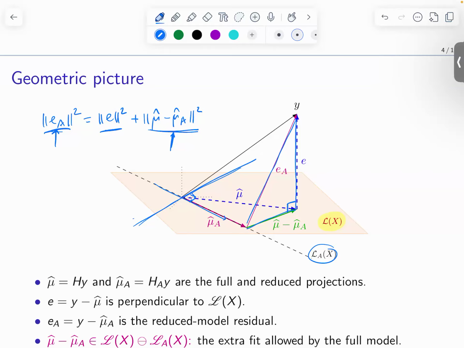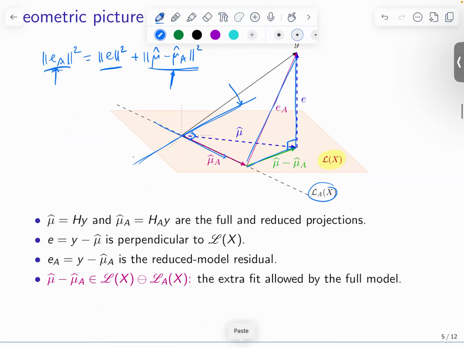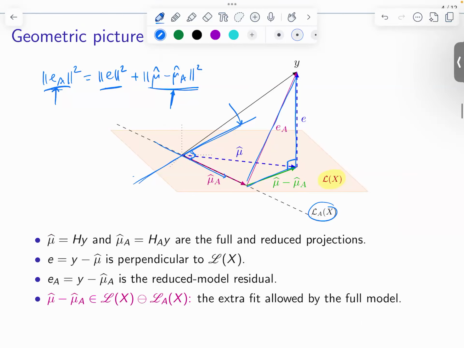And that's a good place to tell you that we can write this direction like this. This space is L of x minus, in this fancy notation, circle inside minus, L_A of x. Somehow we remove the directions of L_A of x from L of x, and then we get this.